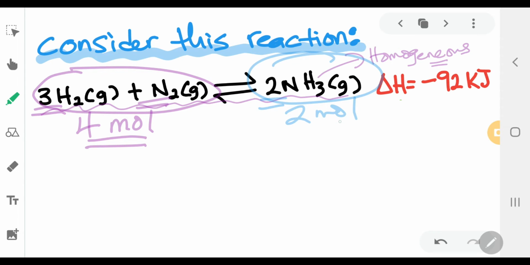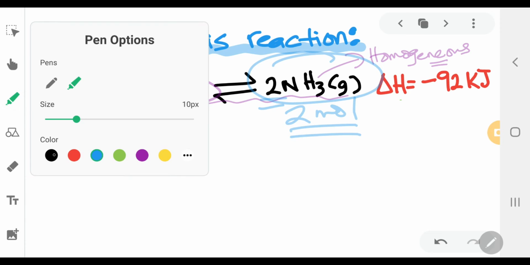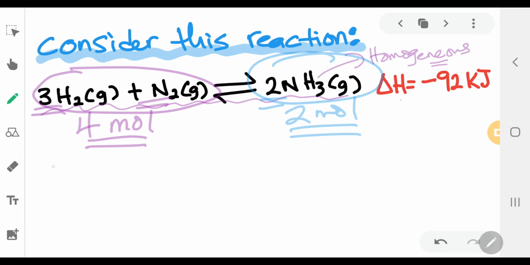So clearly, the equilibrium system has 2 different values of gaseous moles for the reactants and the products. So what happens if we increase the pressure of the system?